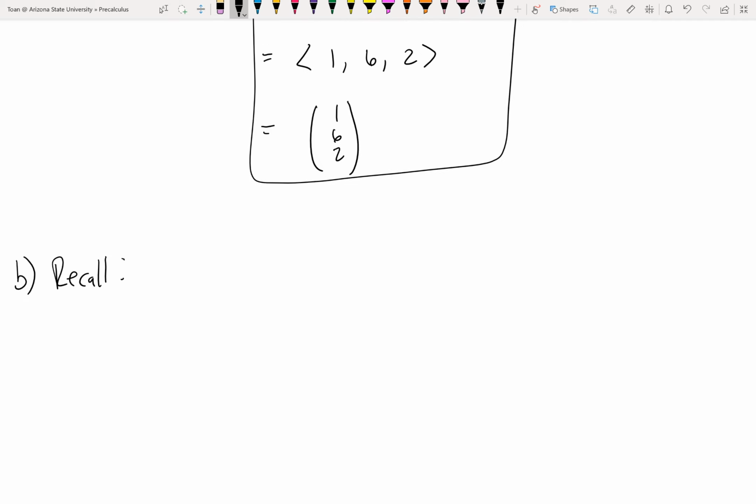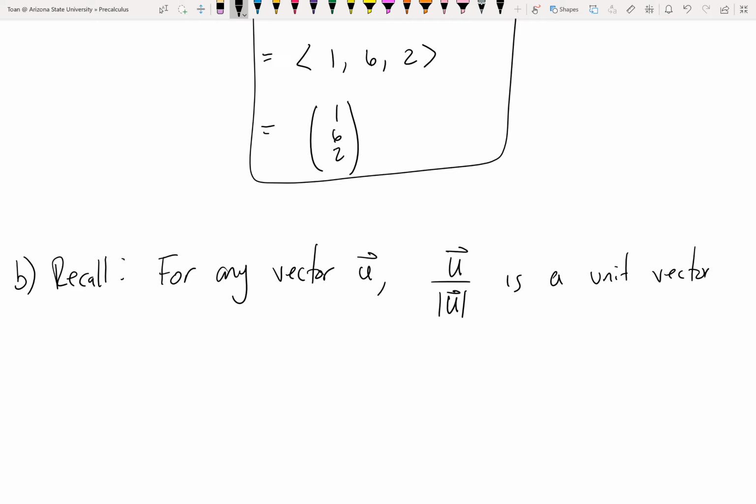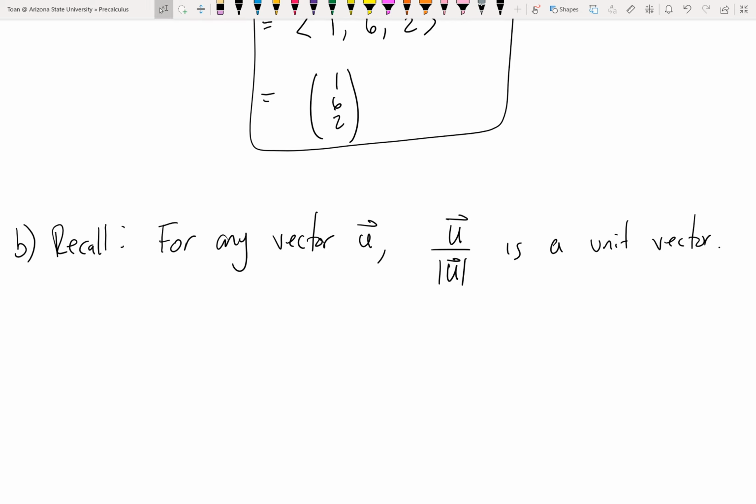Recall that for any vector u, if you divide out its magnitude, that quantity is a unit vector, right? So we already have the orthogonal bit, we just need to do the unit vector bit. So we need to figure out the magnitude, right?